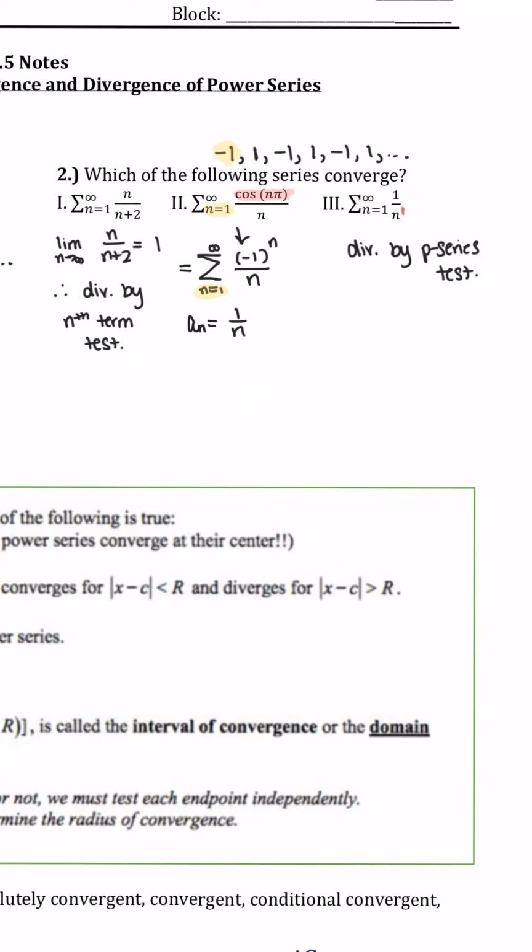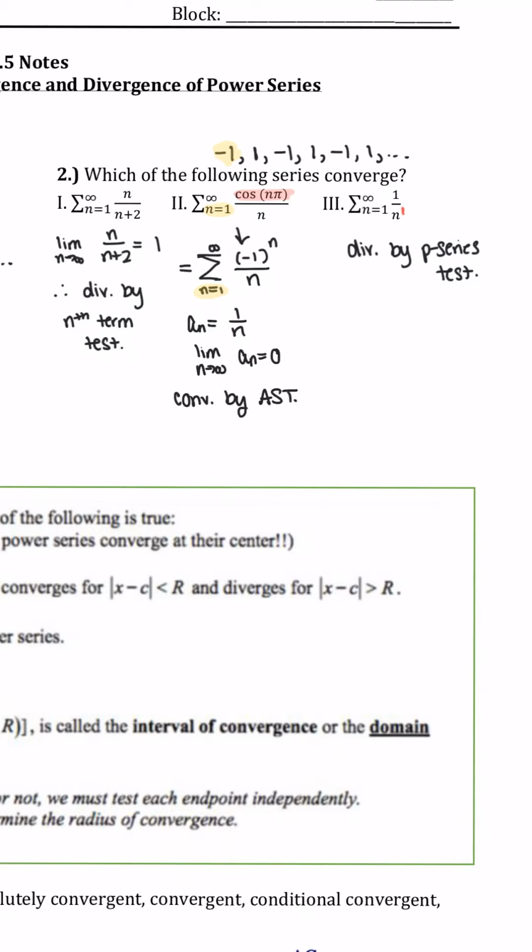So the limit as n approaches infinity of a sub n needs to be equal to 0, which it does, and the terms have to be decreasing every single time, which this one will. So therefore, this passes the alternating series test, and I know that this will converge by the alternating series test.